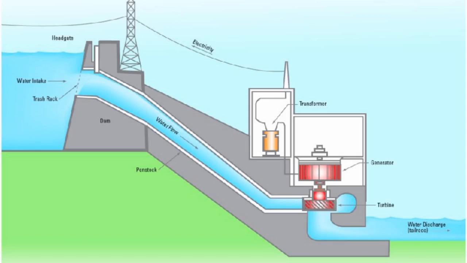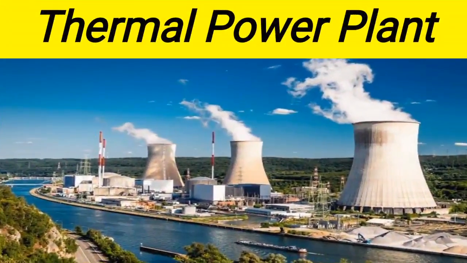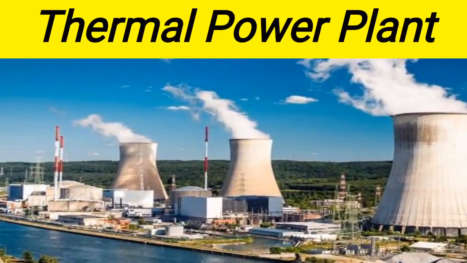These power plants are mostly made on River Indus, River Jhelum, and on other small canals. And guys, the installed capacity of these hydropower plants is 7,115 megawatts.